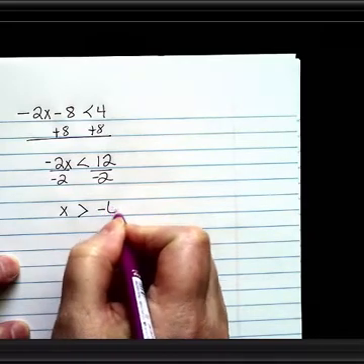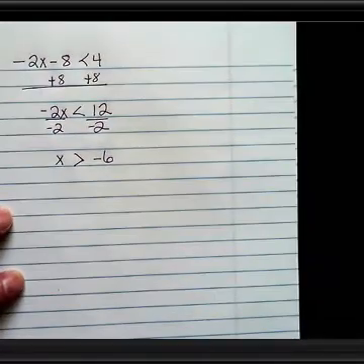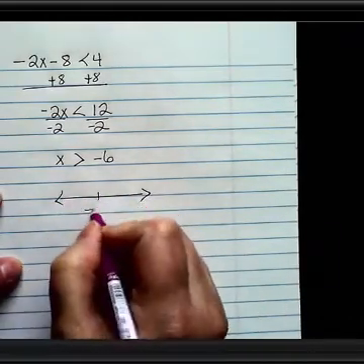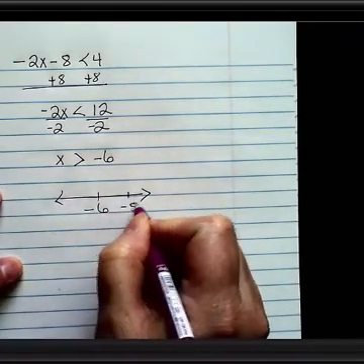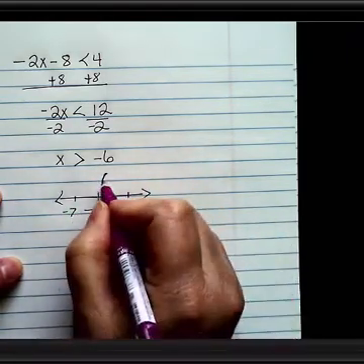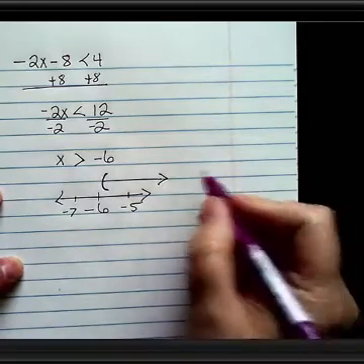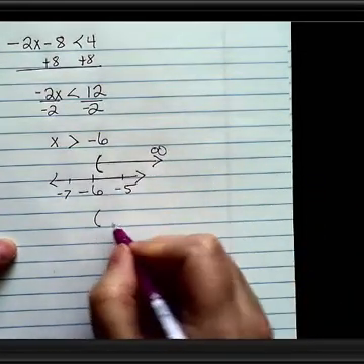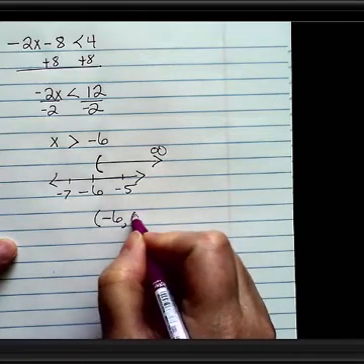Flip your inequality, and my answer is x is greater than -6. Graphing this on a number line, here's -6. I would have a parentheses on -6 going to the positive infinity sign way. So interval notation would be -6 infinity.